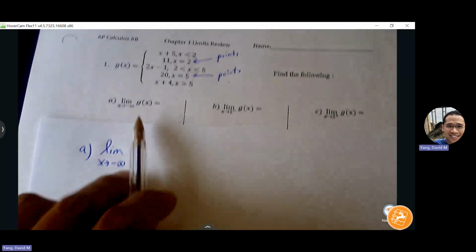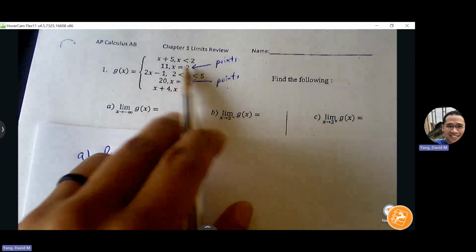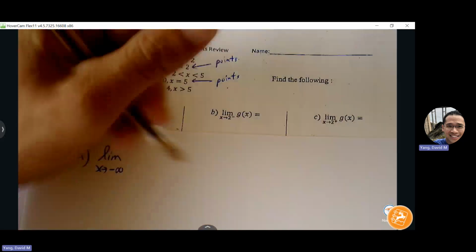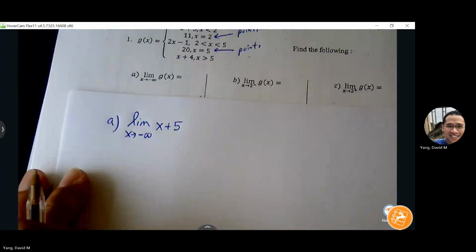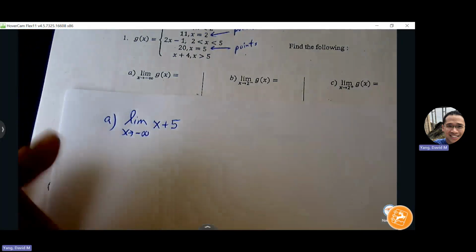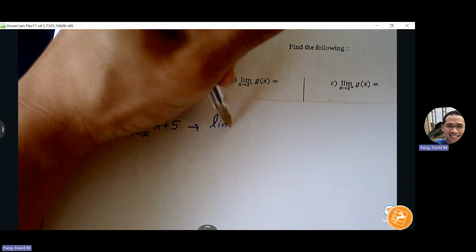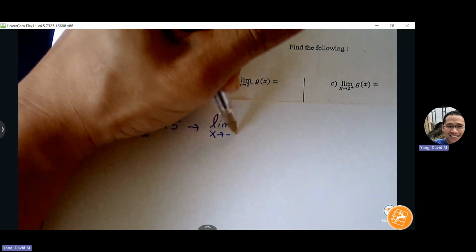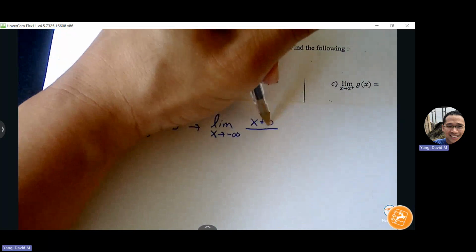So limit as x approaches negative infinity, which expression will live if we continue towards negative infinity? X plus 5. So that's less than 2. Now, if we see negative infinity, what do we do? We compare degrees. I know you don't see a degree in the denominator, but we can always put a 1 in the denominator if we don't see it.